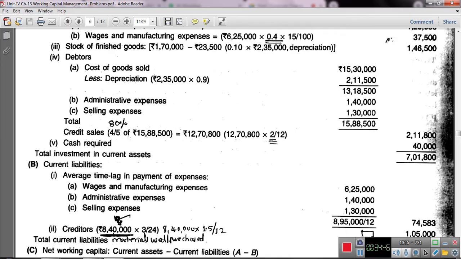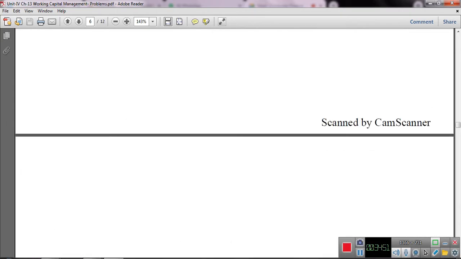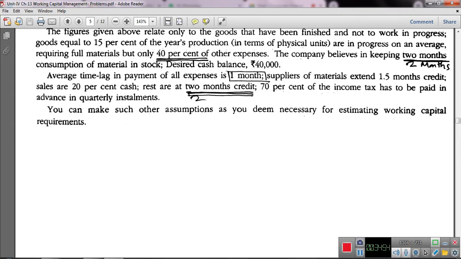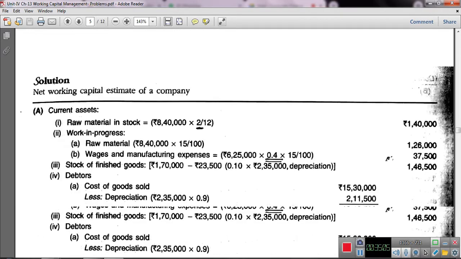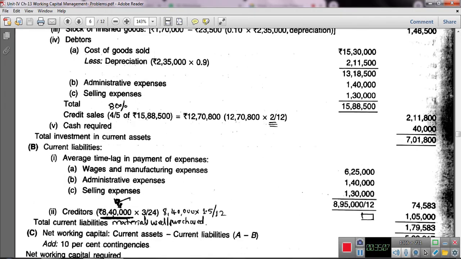You need to multiply it only by the credit period given to customers, which is 2 months given in the problem. So 12,70,800 into 2 divided by 12 is equal to 2,11,800 rupees, the amount required to invest in debtors.